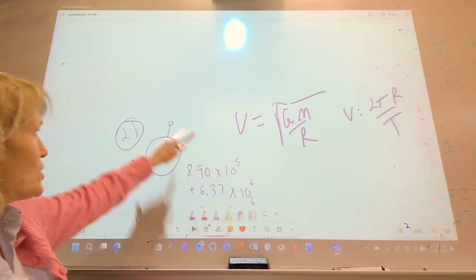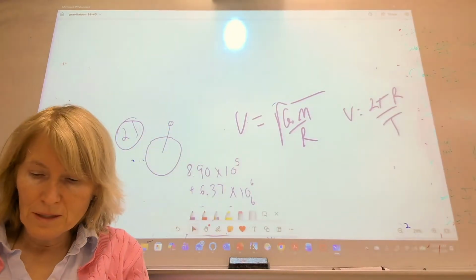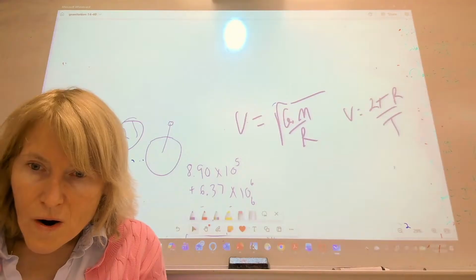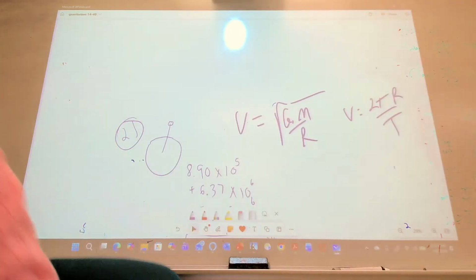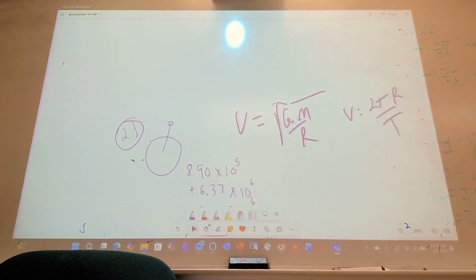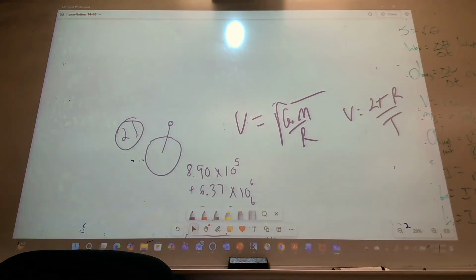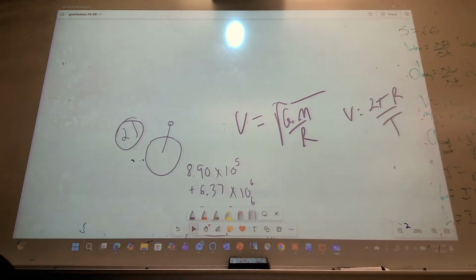The R is the distance from the center of one to the center of the other. This is above Earth, so you know the mass of the Earth.